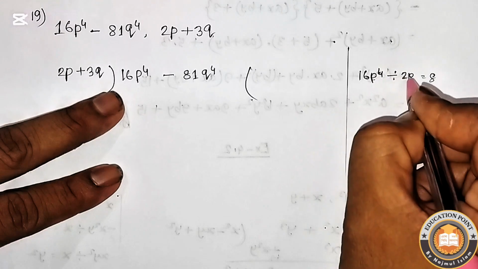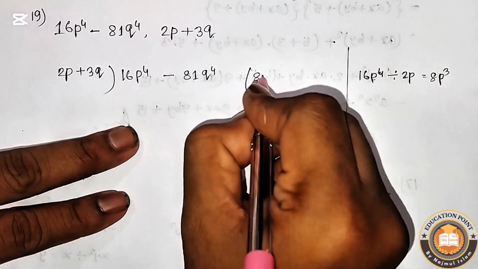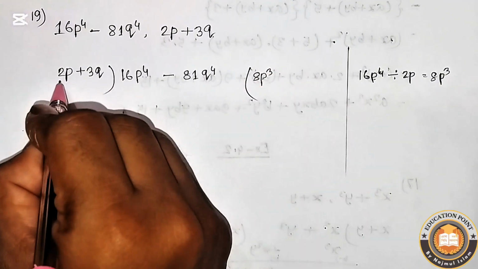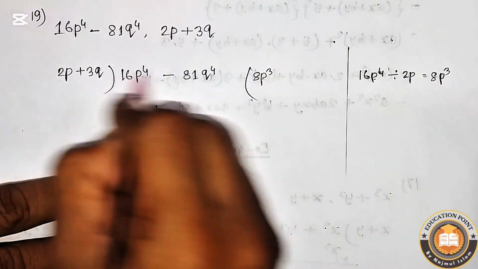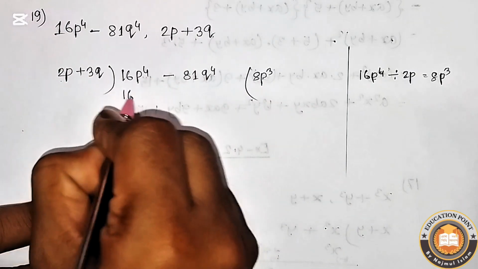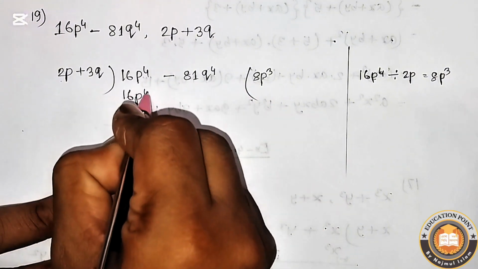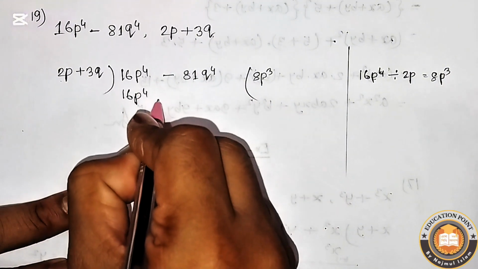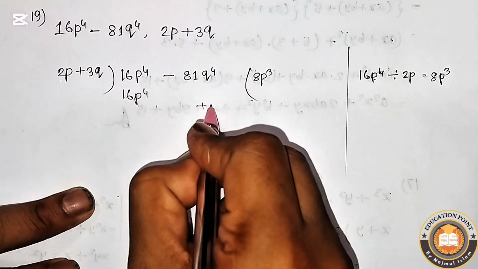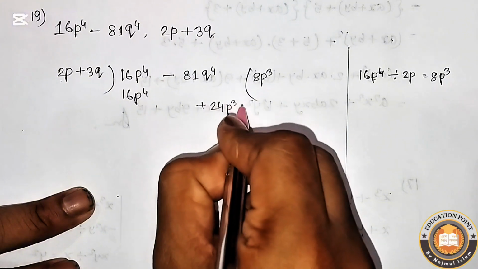P to the power 4 divided by p equals p cube. At first 8p cube multiplied with 2p plus 3q. Now 8p cube multiplied with 2p equals 16 p to the power 4, plus 3 times 8 is 24 p cube q.